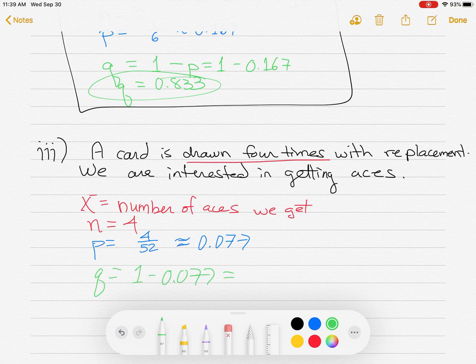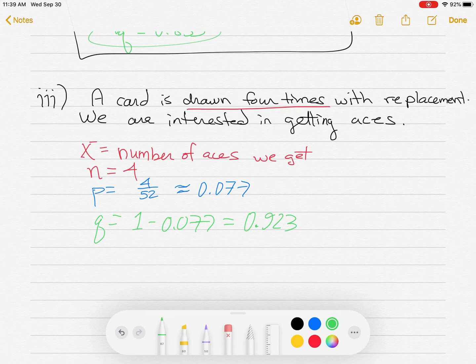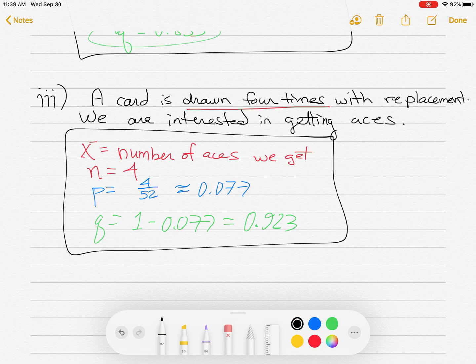And Q, then, that's the probability of failure. It's going to be 1 minus 0.077, in other words, 0.923. There I have everything, all the important information. Okay, so I think I'm going to stop this video.